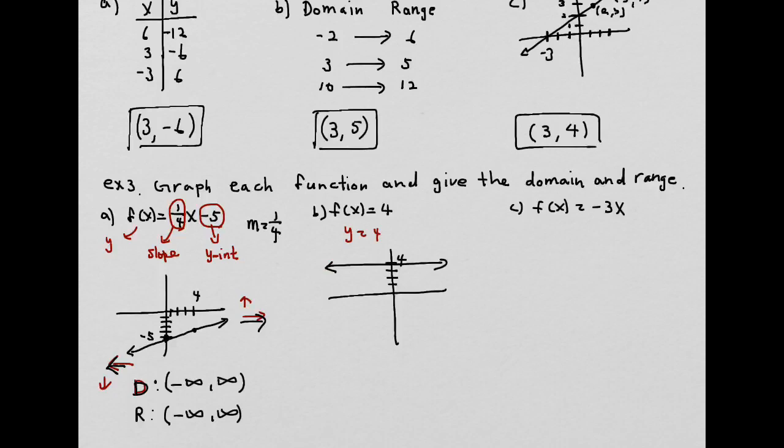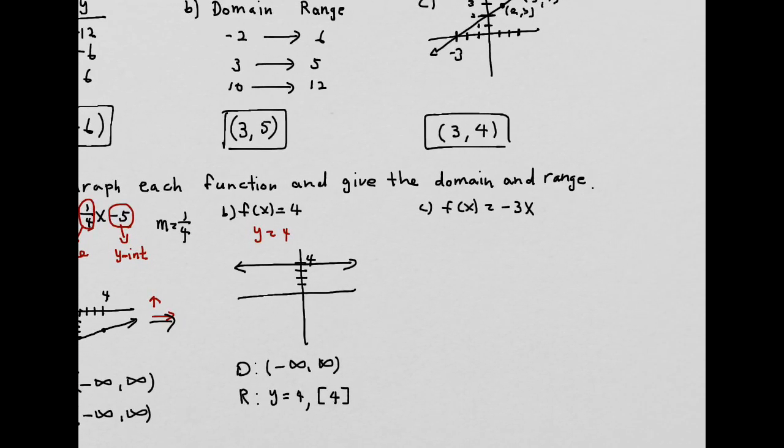With that in mind, your domain is going to be negative infinity to positive infinity, because of the left to right arrows. Your range, on the other hand, is just the one value. It does not go up or down. Your y will always be 4. So that's going to be your range. Or if we wanted to write it in interval notation, it will be just the value 4 itself.